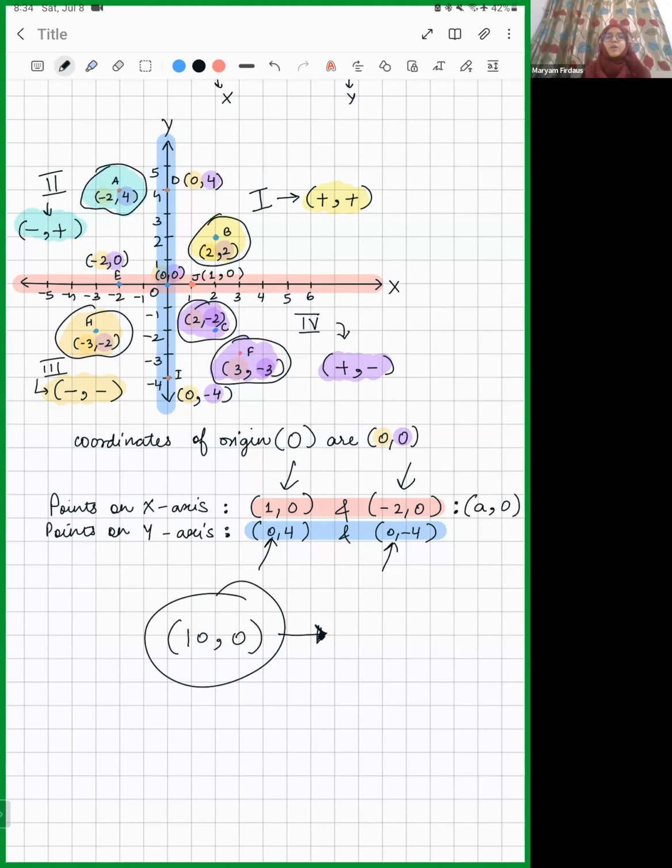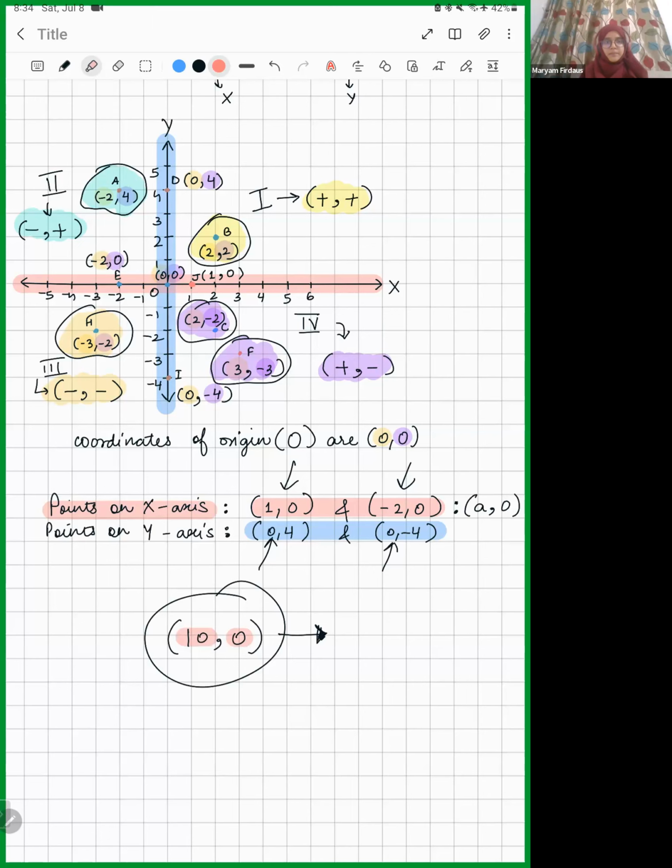Will it lie in the first quadrant, second quadrant, third quadrant, fourth quadrant? Will it lie on the x-axis or y-axis? It will lie on the x-axis. You just now told me, Abdul Rahman, that any point on the x-axis will be of this form, a comma 0. So I told you a point 10 comma 0. Where will it lie? It will lie at x-axis, right? Why will it lie on the x-axis? Because it is a comma 0. Yeah. Are you getting it?